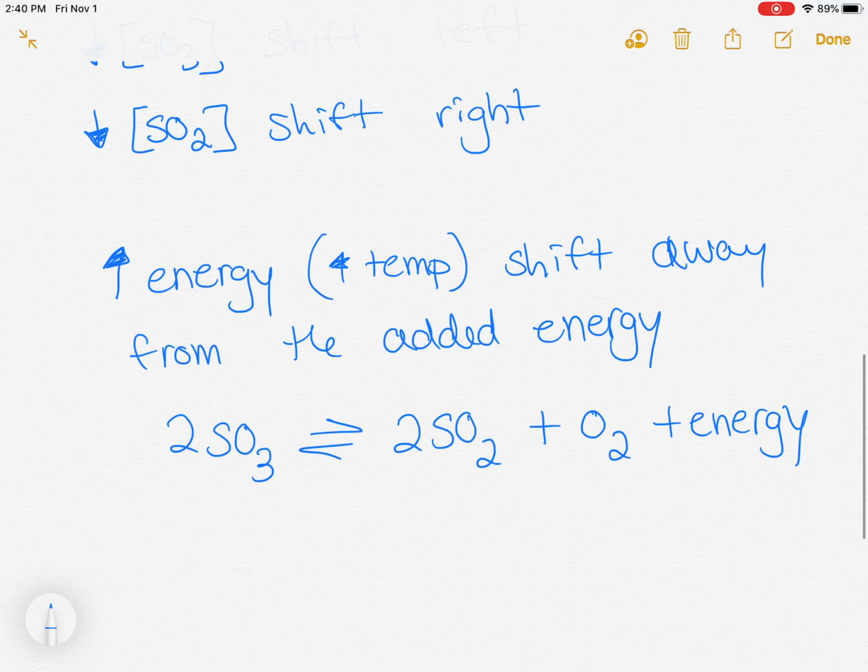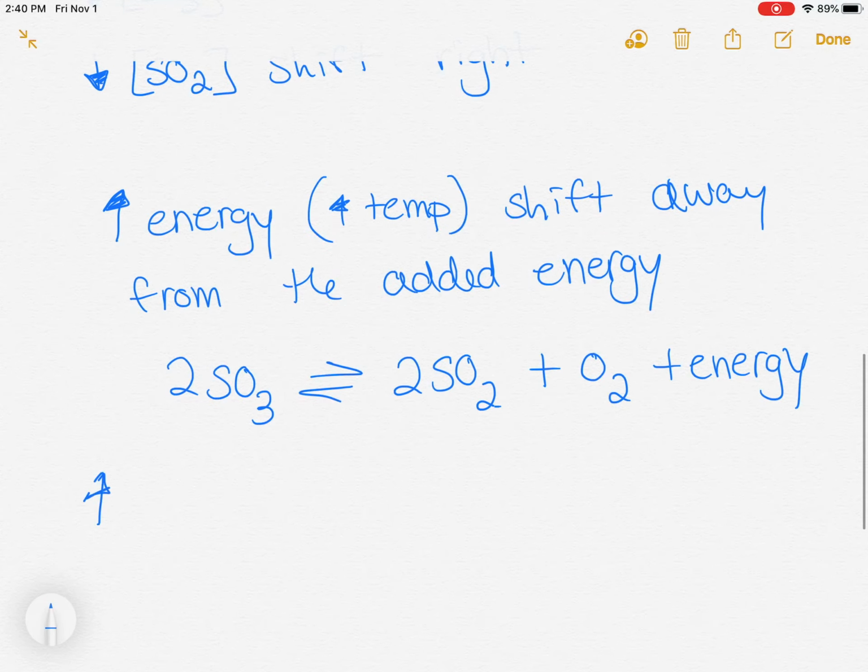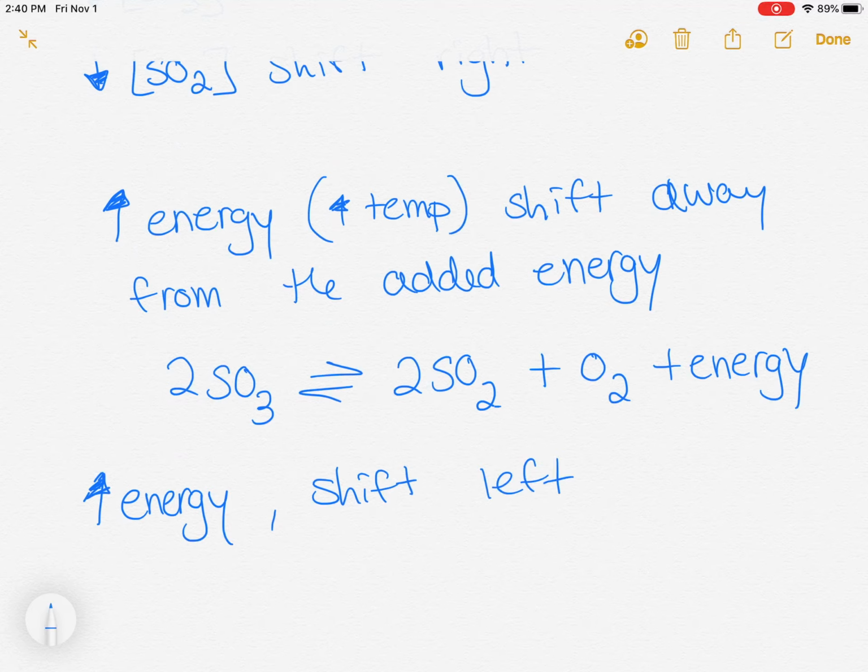This is an exothermic reaction. So if we increase our energy in this reaction, we're going to shift left, away from where we added the energy. The energy is on the product side, so we'll shift to the left.